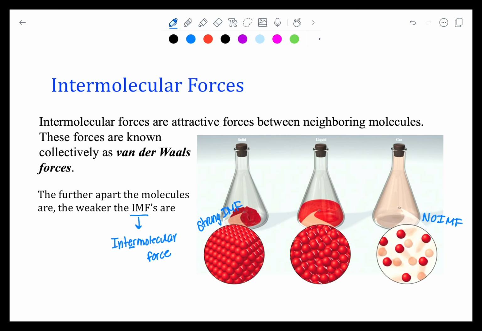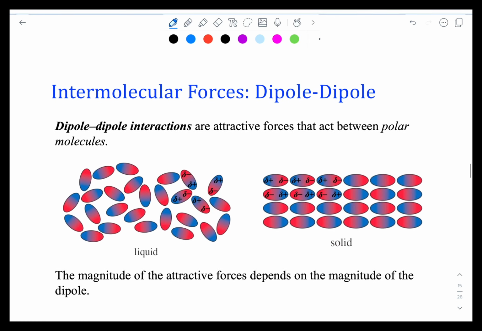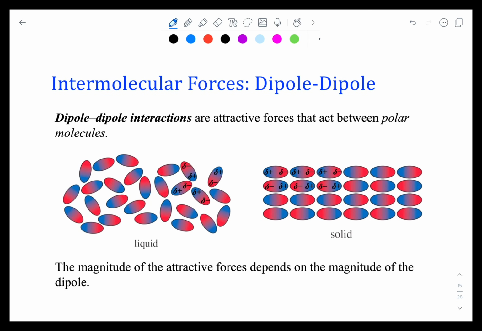And then they weaken as they go from liquid and then to gas. So there are multiple types of intermolecular forces, and it all depends on if the molecule is polar, nonpolar, or ionic. So the first type that we're going to talk about are dipole-dipole.